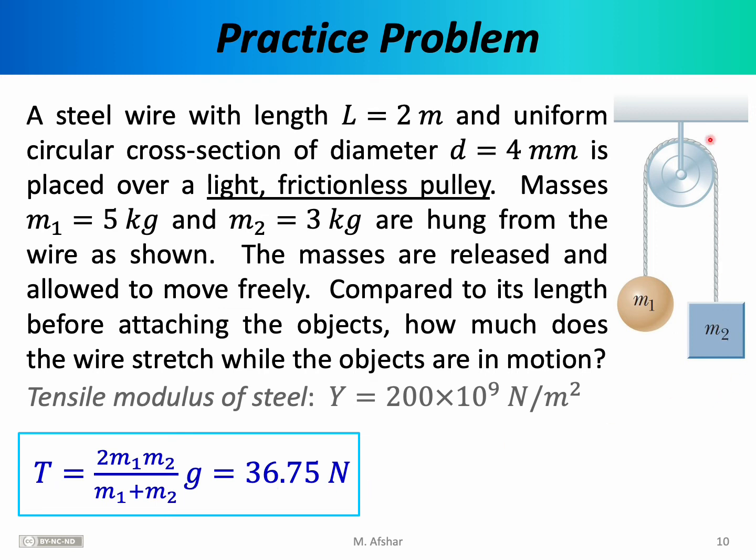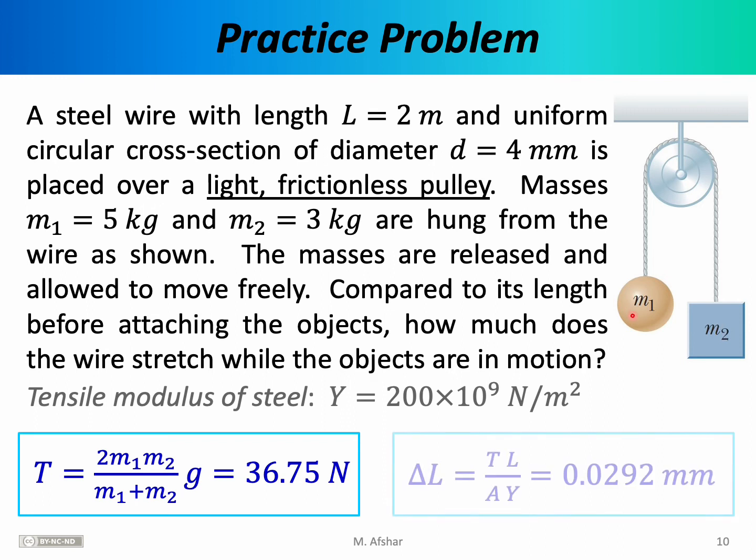Once we know the force that is being used to pull the steel wire, we can figure out how much it deforms by. Delta L, the change in length of the wire, is going to be the applied force, which is the tension we just calculated, times the initial length of the rope divided by the cross-sectional area.